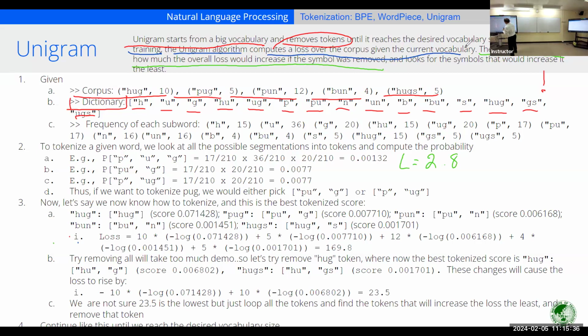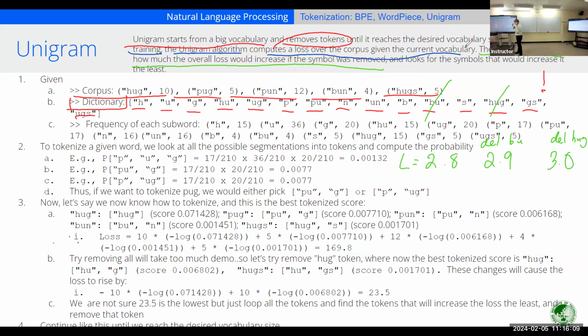Maybe if I delete BU, my loss becomes 2.9. If I delete, just randomly, SUG, my loss becomes 3.0. Which one is more important, BU or SUG? SUG, right? Because when you delete it, your loss increases more. So BU is the one you should delete.